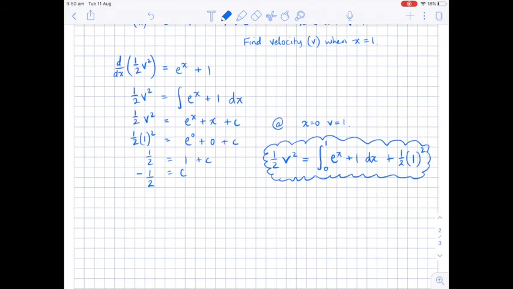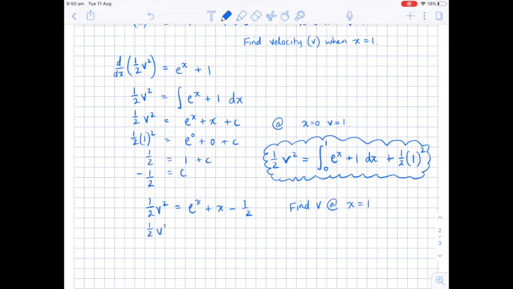But I've got c now, so I'm going to set this up. I've got a half v squared equals e to the x plus x minus a half. And I want to find out what the value of v is at x equals 1.